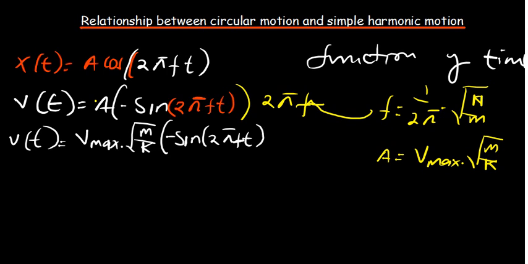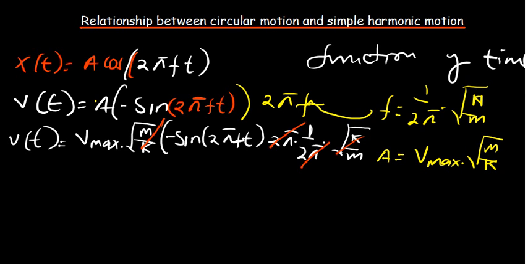Where there is f, I'm going to replace it with 1 over 2 pi times the root of k over m. Now, as we can see, these two guys can cancel each other. Again, these two guys can cancel each other. What do we have now?